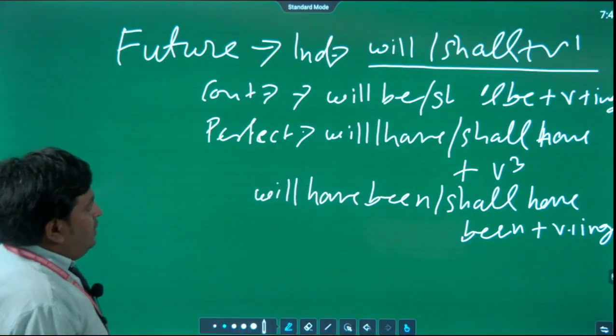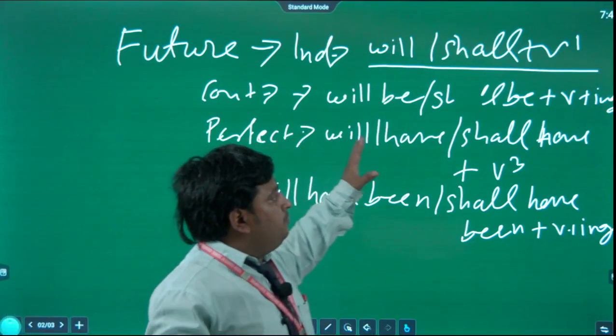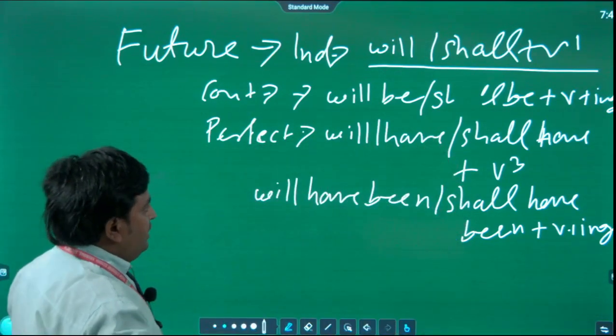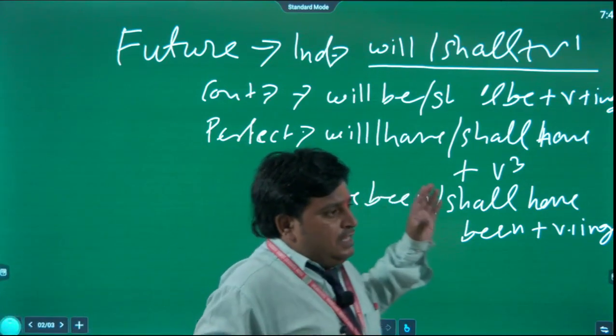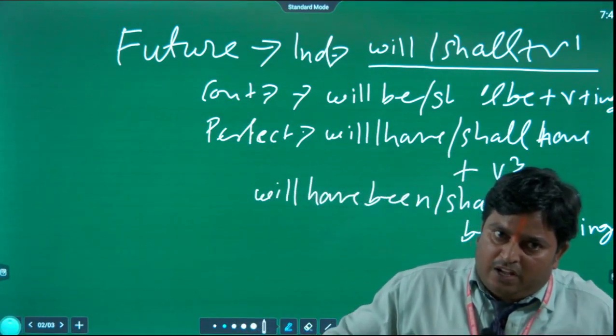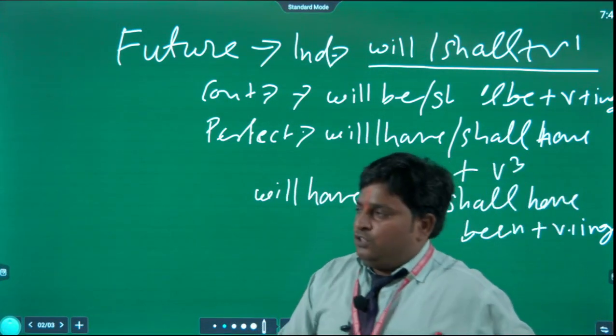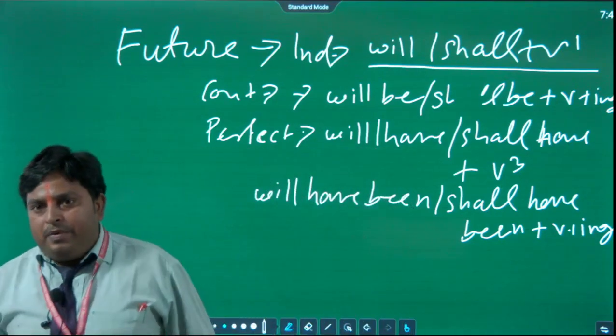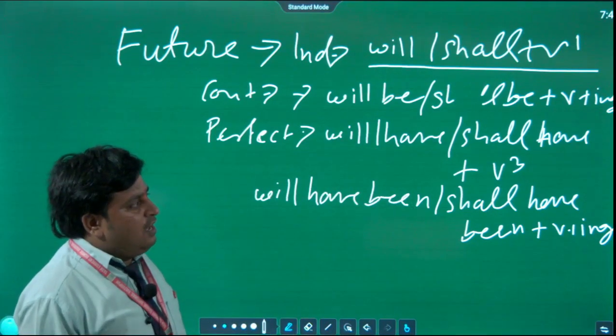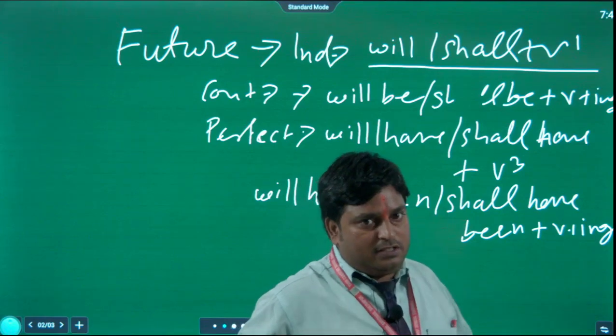So dear students, these are the rules of tense, but this is the first part of assertive sentence. Dear students, there are two main parts of assertive sentence, affirmative and negative sentence.